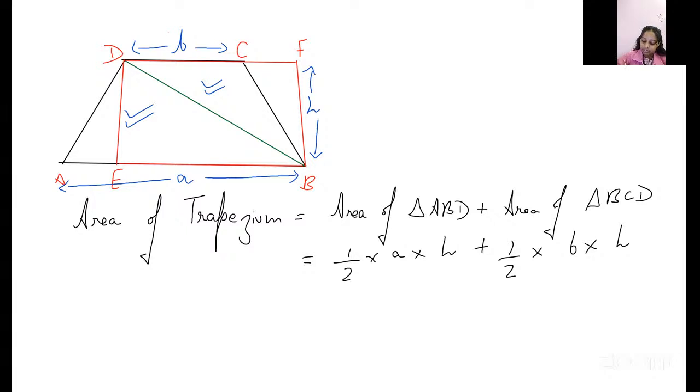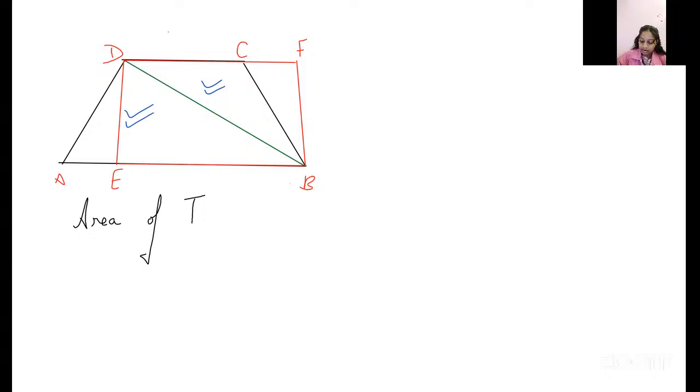Take a look at this triangle. What is the base? AB is the base, which we've taken as A, and DE is the height, which is the same as FB. DE or FB is the height.